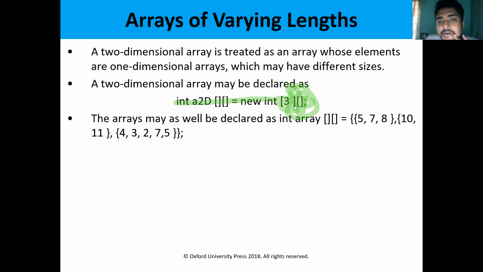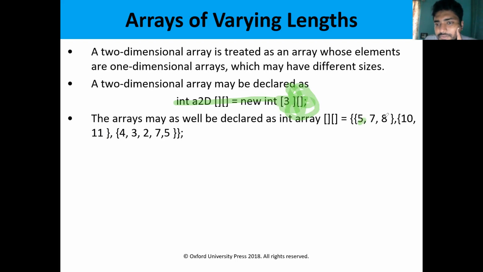If you keep the size empty, the memory is allocated dynamically. If you give 3, then 3 memory spaces will be allocated. So 3 by something, that means 3 rows, but the number of columns is not defined here.